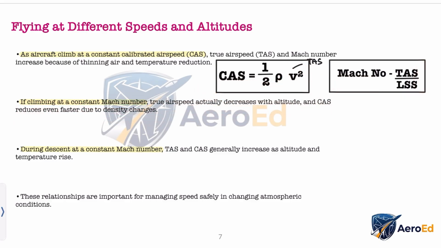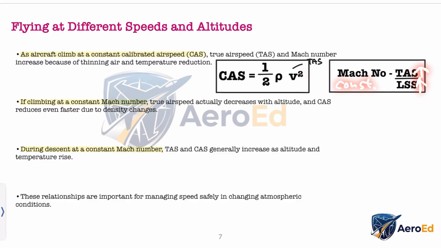Next statement states that during descent at a constant Mach number. So let's keep the Mach number constant. So now the Mach number is constant, right? So what happens in a descent? We know in a descent the temperature increases. So as the temperature increases, we have to increase the true airspeed also to keep the Mach number constant. So now true airspeed is also increased. So what happens to the calibrated airspeed now?